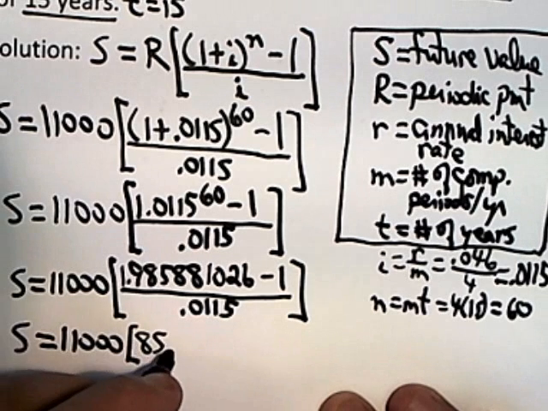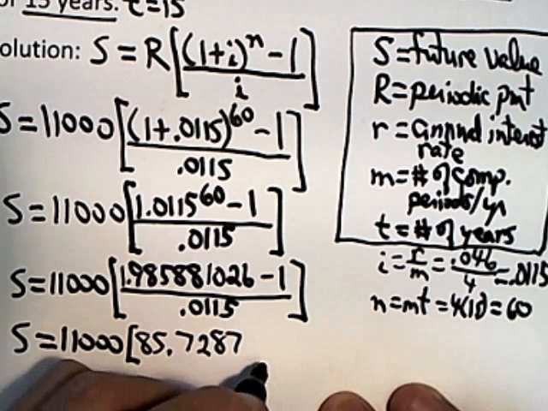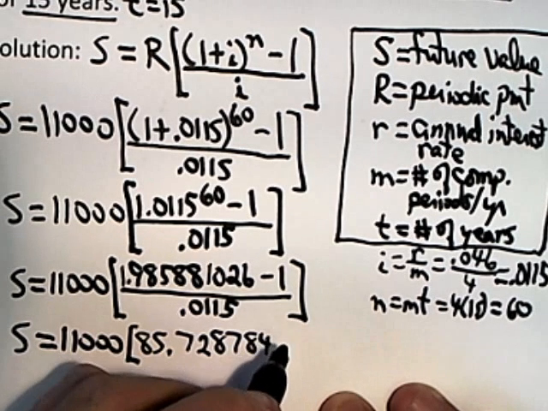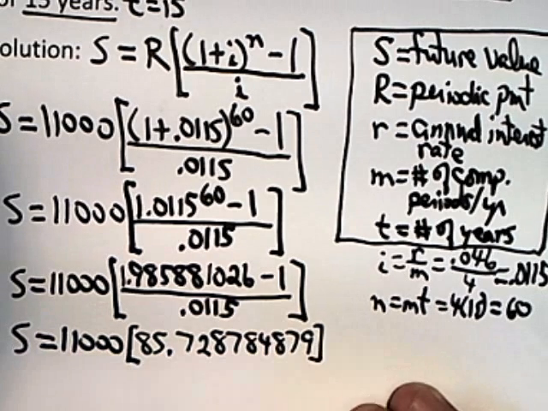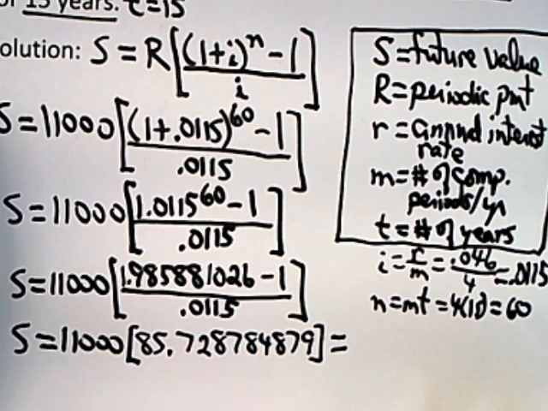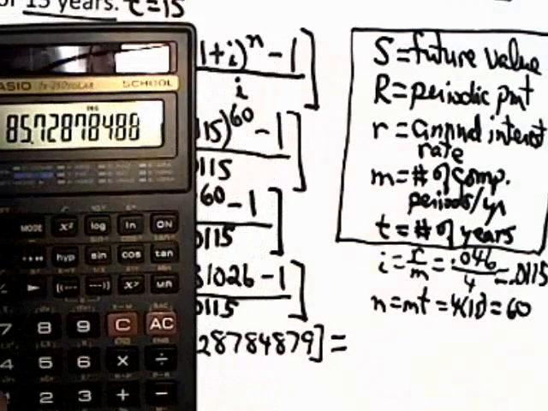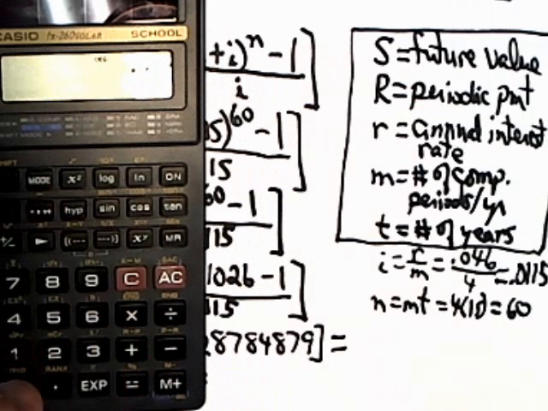Again, I'm going to write down these intermediate steps so it's easier for you to go back and check if you have some sort of error and you're trying to find it. But if you're solving this problem, you can just keep the number in the calculator and not show these intermediate steps. And so when I multiply that number by 11,000, and notice it's already in the calculator, I just times it by 11,000, equal.